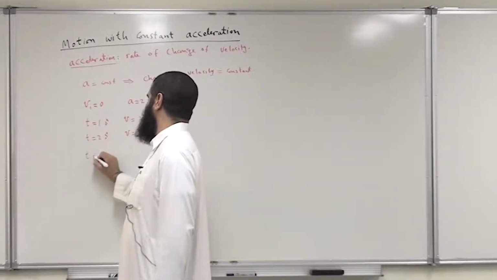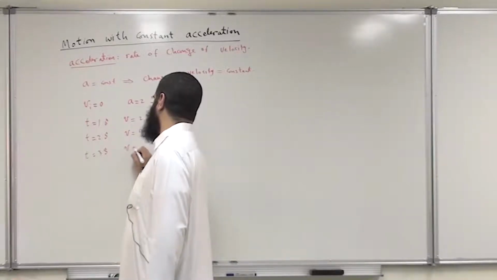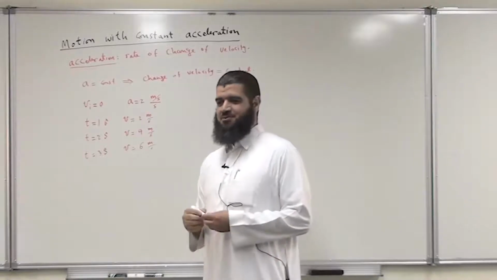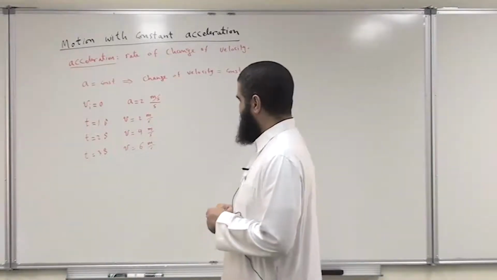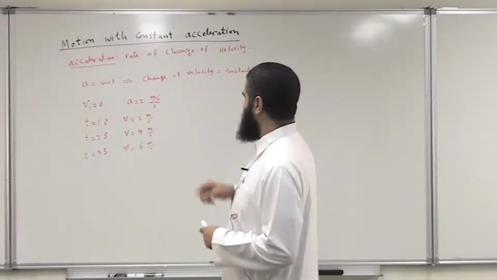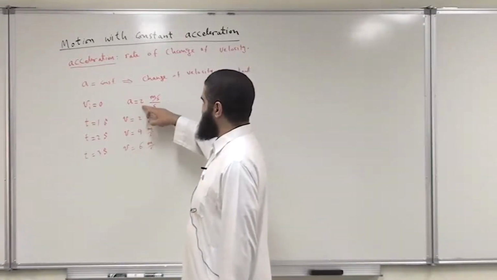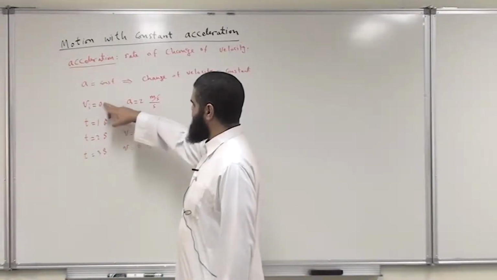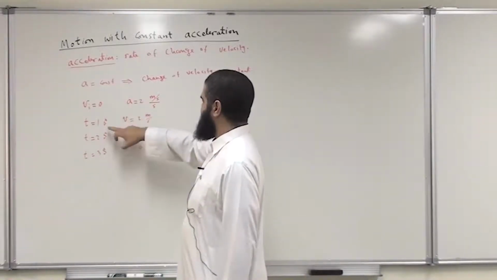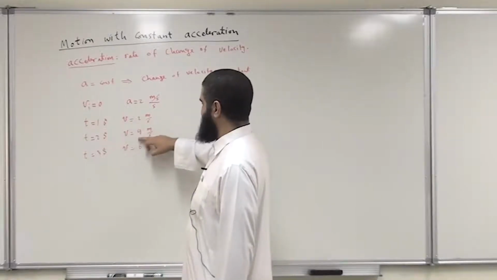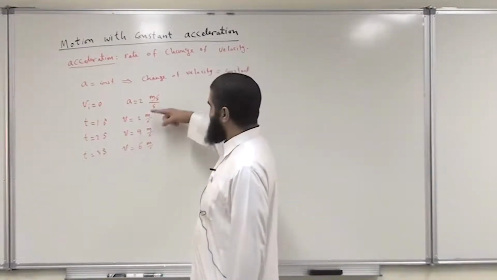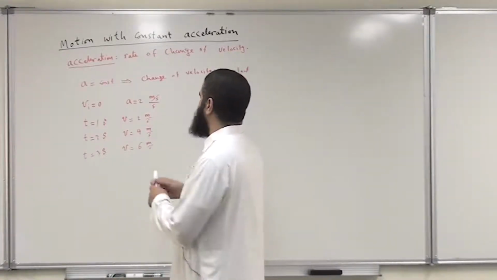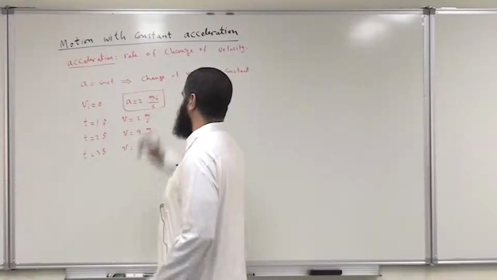When the time equals 3 seconds, my velocity will be 6 meters per second. As you can see, this is not an easy job to demonstrate in front of you. So please keep in mind that constant acceleration means constant change of the velocity. The velocity was 0 at time equals 0, but it became 2, 4, 6 meters per second. The change in the velocity is constant and it is 2 meters per second squared.